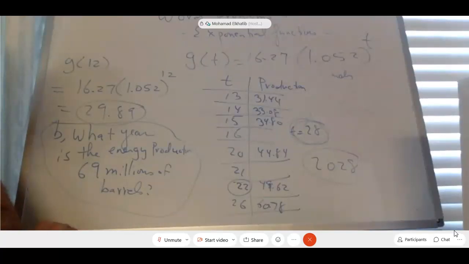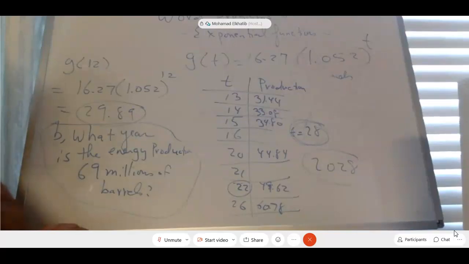As I say, you don't have to copy everything, just the procedure. If I'm looking for the number of years, I'll just find the production for all the years and see which one matches the number that I have. That's basically all you have to do. Does that make sense? Okay, can I erase the board now? We good? Okay.